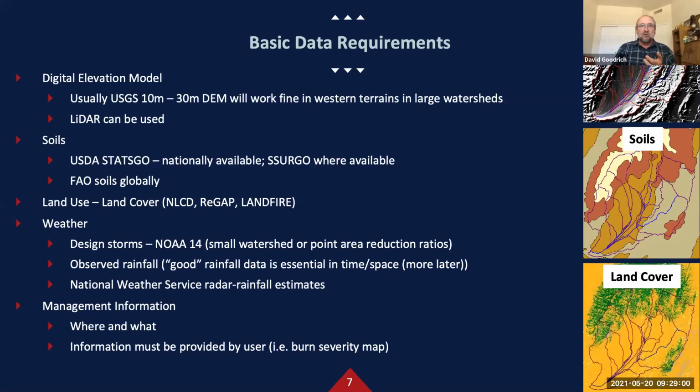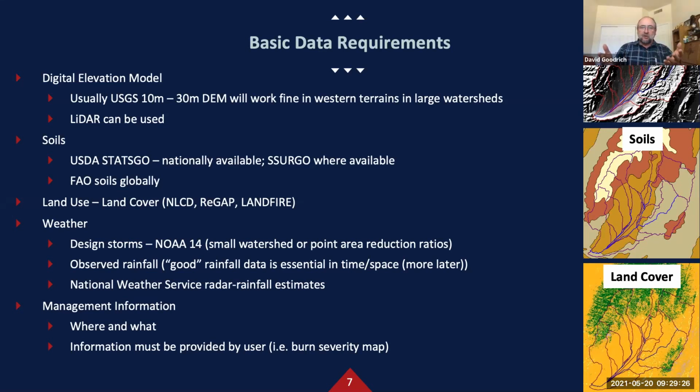We can also use FAO soils for international applications. And from a land use standpoint, we've got the National Land Cover Dataset, or NLCD, and ReGAP or GAP data that's also available nationally. And we just about have the capability to ingest and use LANDFIRE.